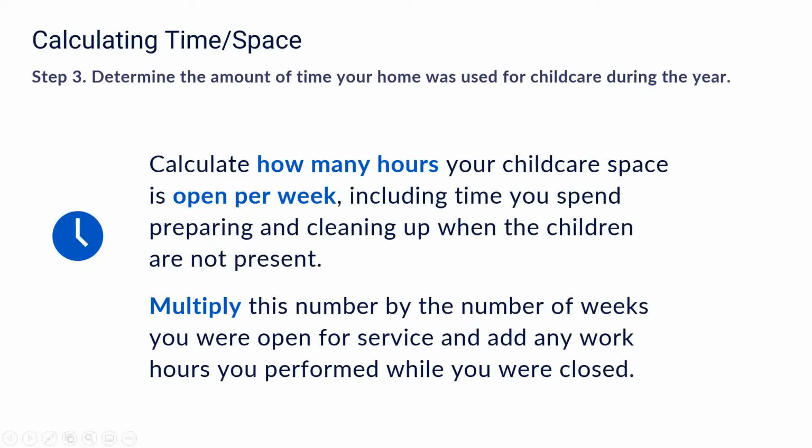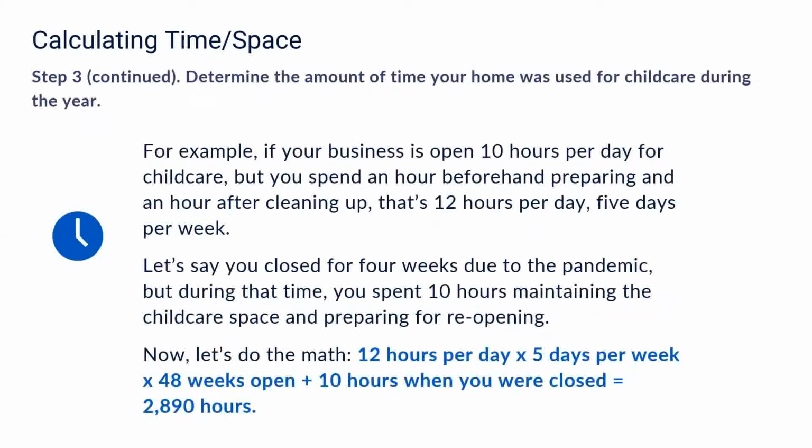Step 3, determine the amount of time your home was used for childcare during the year. So you'll calculate how many hours your childcare space is open per week, including the time that you spend preparing and cleaning up when the children are not present. You'll multiply this number by the number of weeks that you were open for service and add any work hours that you performed while you were closed.